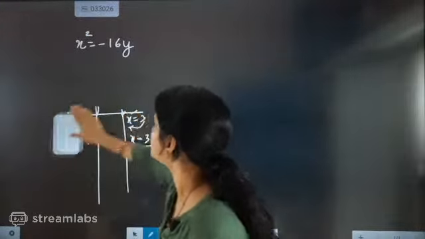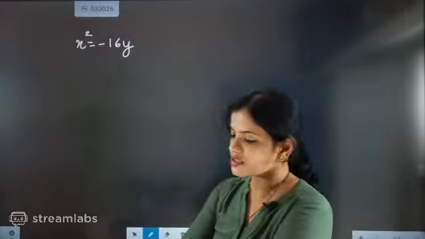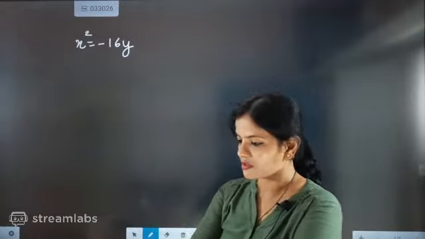So now shall we solve this question? X square minus 16y equal to 0. Try this question out.